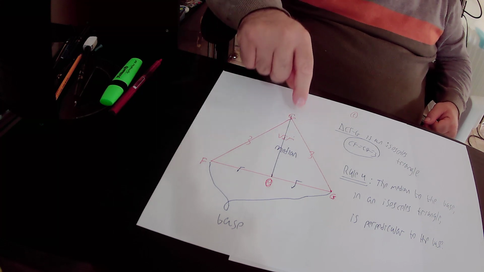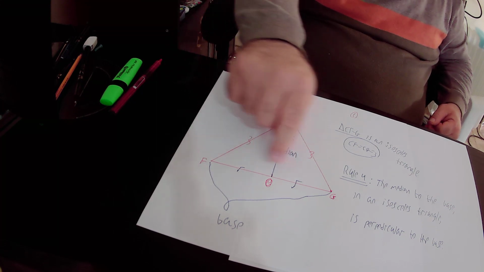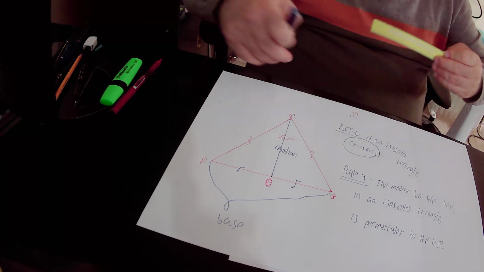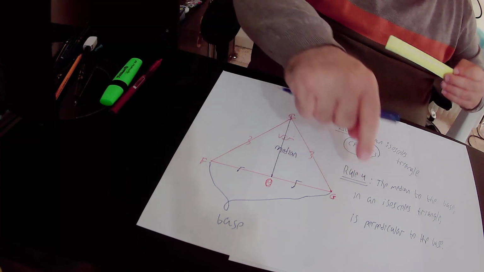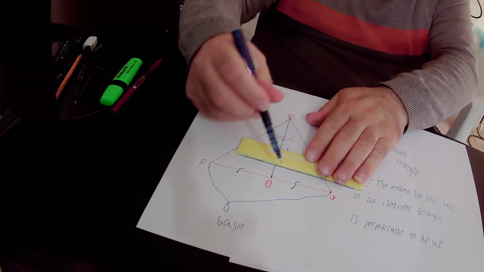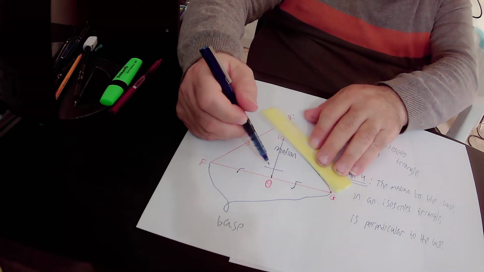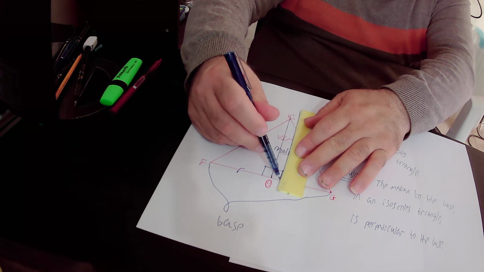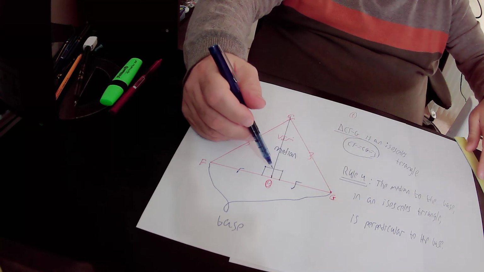That is to say CO is perpendicular to FG. That is to say this angle equals 90 degrees and this angle will be also equal to 90 degrees according to rule number 4.